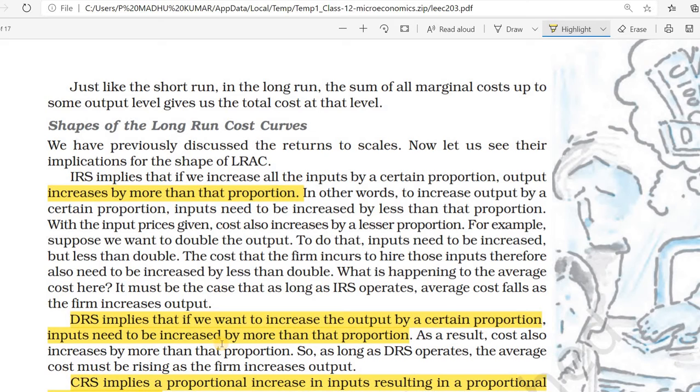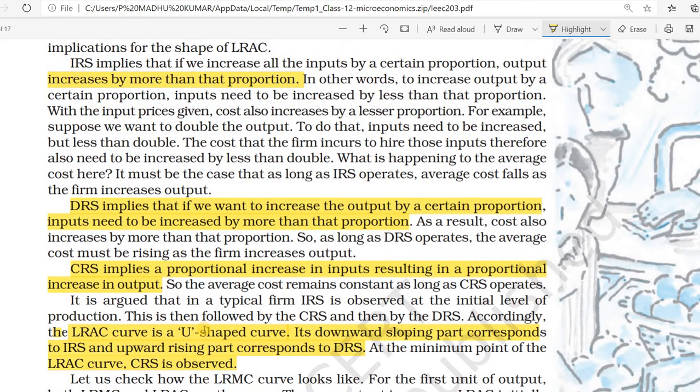In the case of decreasing returns to scale, the average cost must be rising as the firm increases output. In the case of increasing returns, average cost will fall as the firm increases output. Constant returns to scale implies a proportional increase in input resulting in a proportional increase in output.